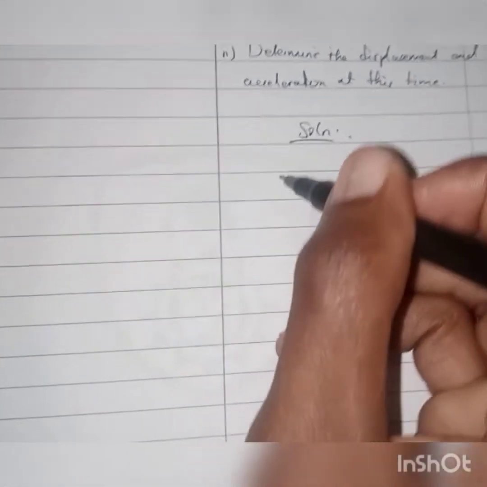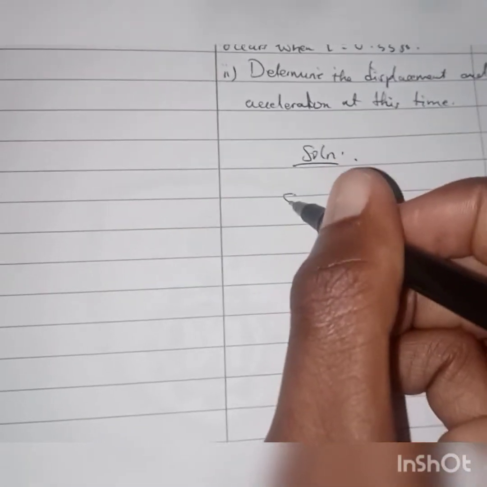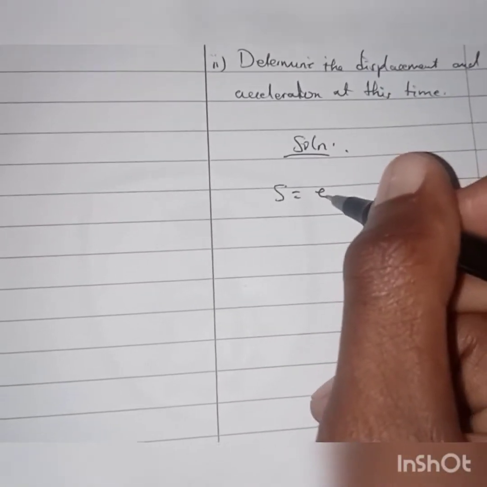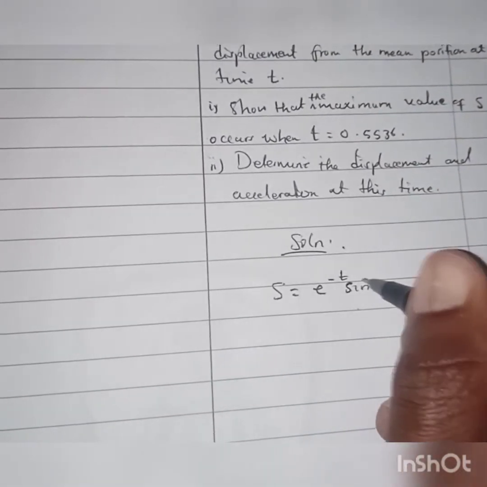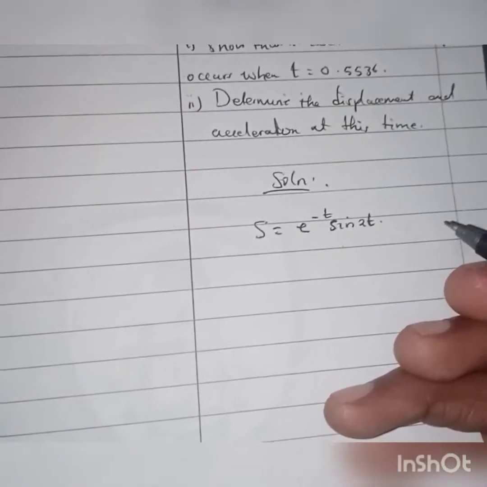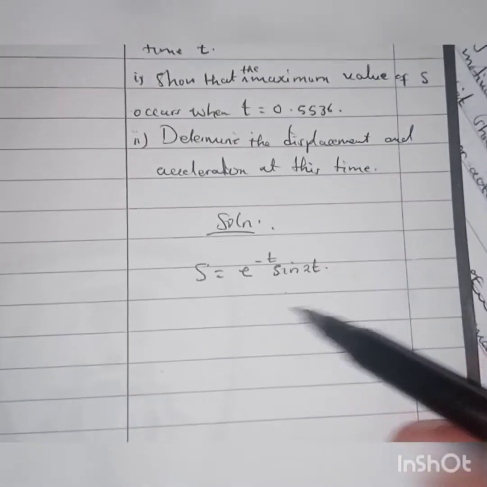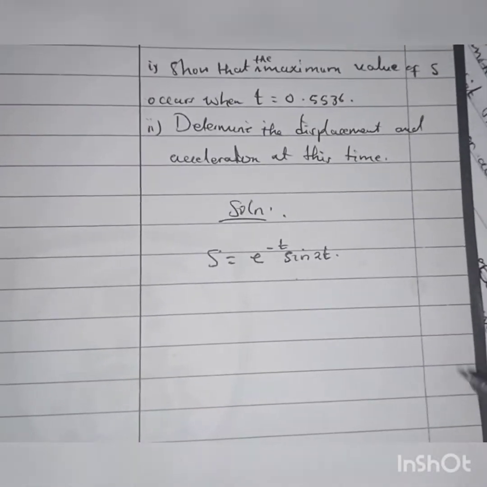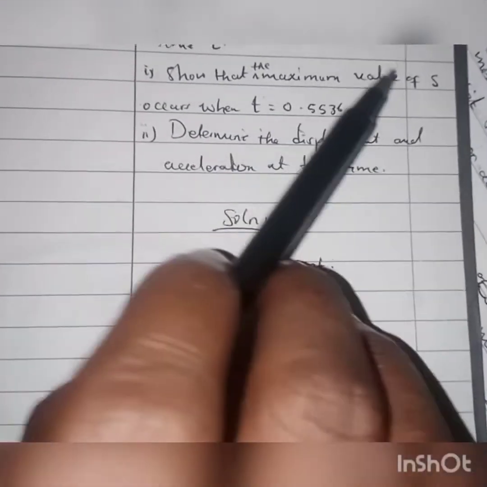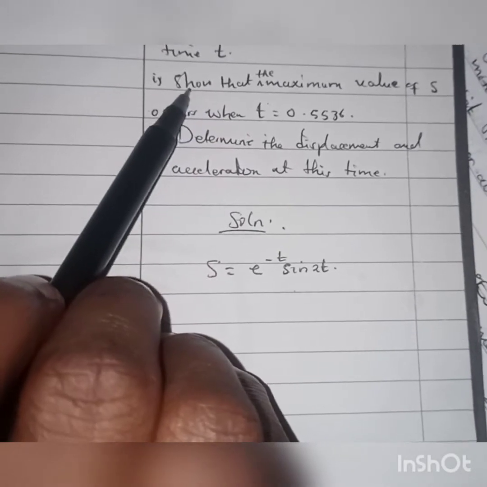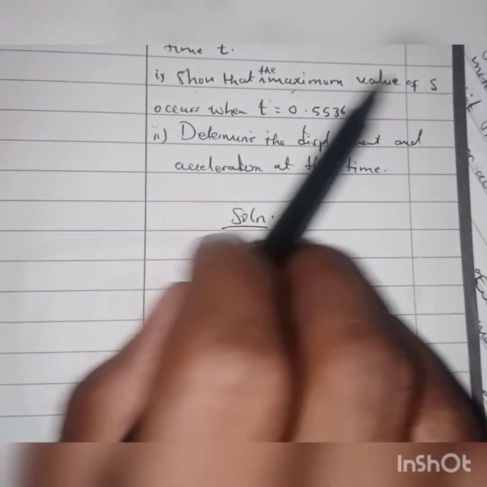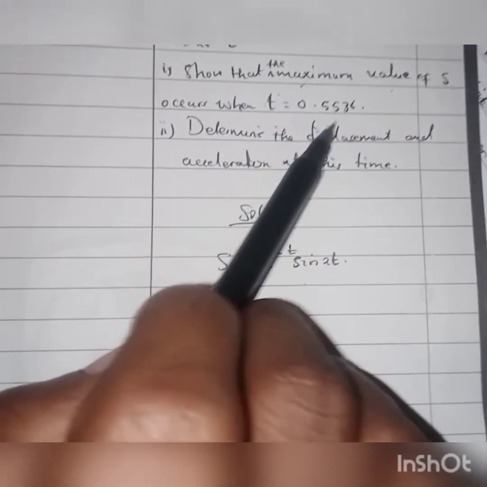So solution, since the function of s is given by e raised to power minus t sine 2t. So this is application of differentiation, whereby we show that the maximum value of s occurs when t equals this.